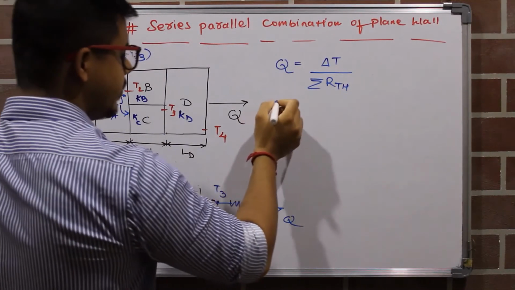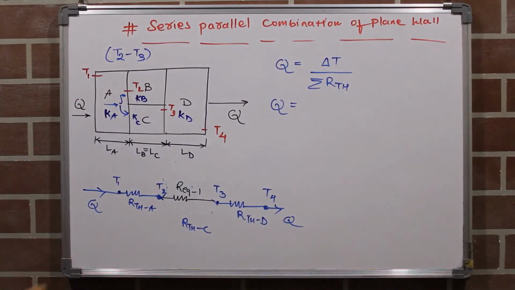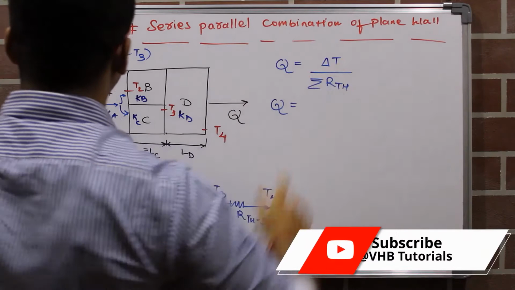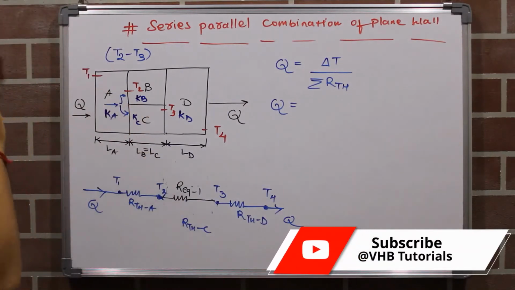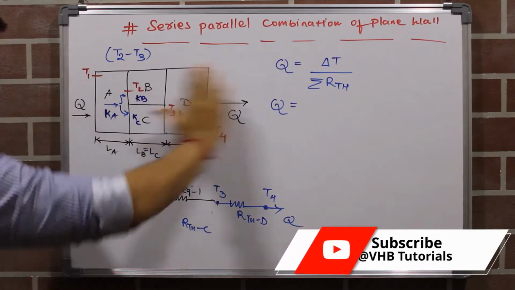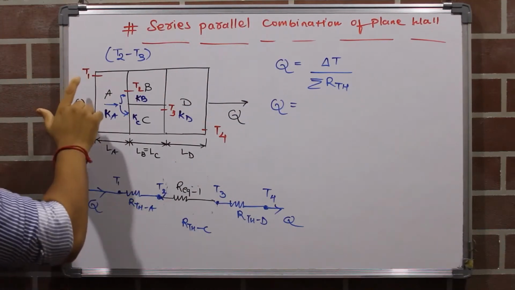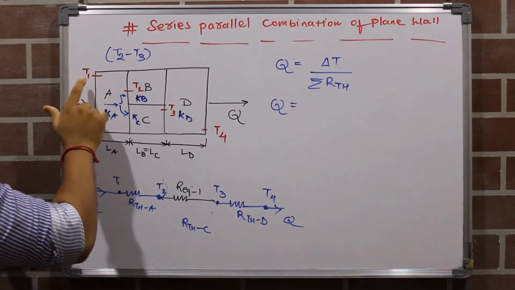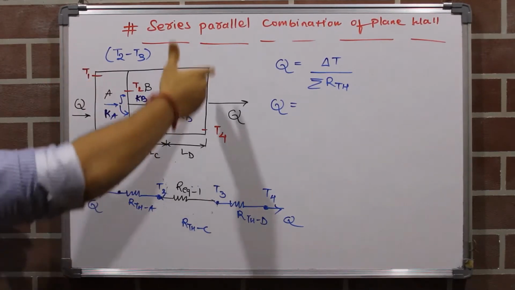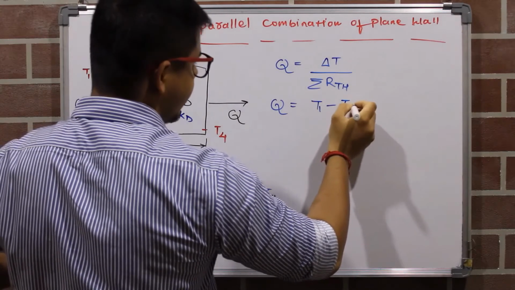So Q is equal to, now we will see what to write in place of delta T. We want to find the overall heat transfer through all these walls. So we will find the difference between the first temperature and the last temperature. So it will be T1 minus T4.